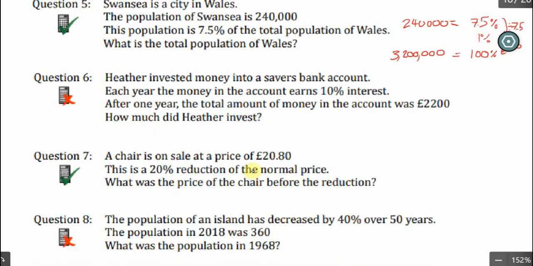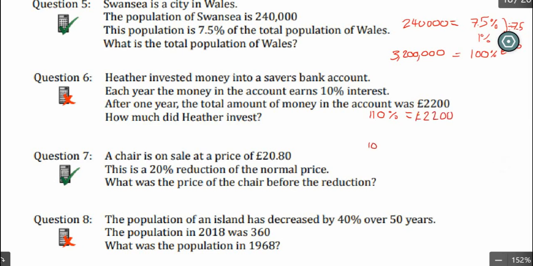Heather invested money into a savers bank account, and each year the money earns 10% interest. After 1 year, the total amount of money was this amount. Right, now we've moved on to the second type of question where they've given us the new amount. Okay, so using method 1, the percentage that we've now got is worth 110%. So 110% of what was there before is equal to £2,200.